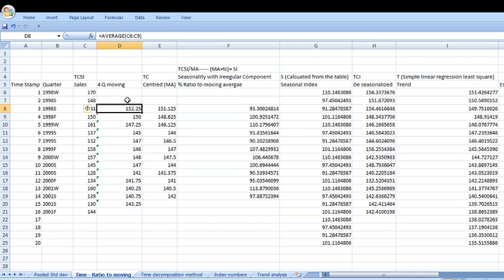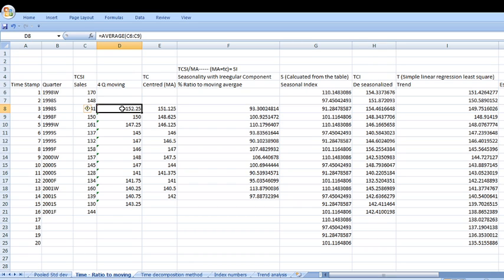Why? Because this number is going to be a representative of the entire year 1998, but since we have taken 4 as the moving average order, there is no center point. The center point is 2.5, between spring and summer, where I really don't have an observation. So where will I fit this number in this Excel sheet?